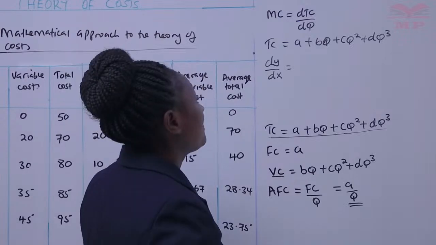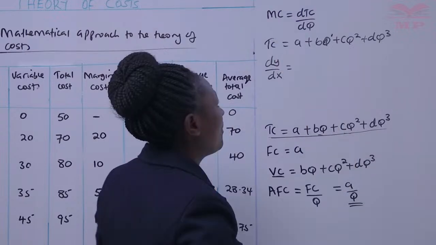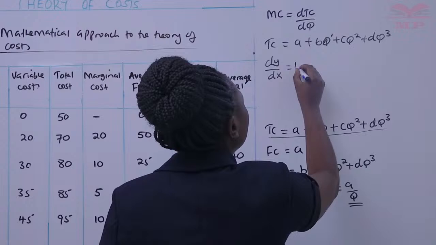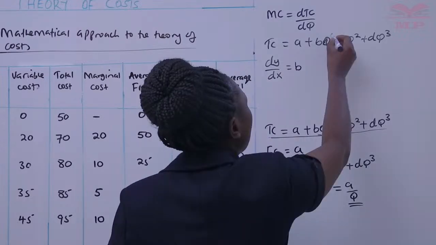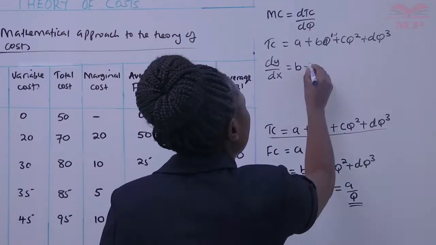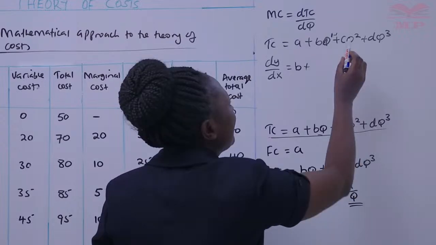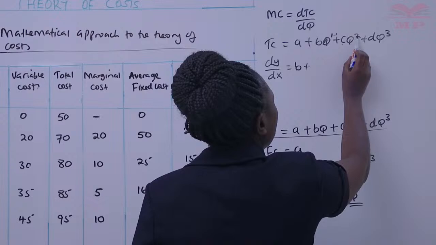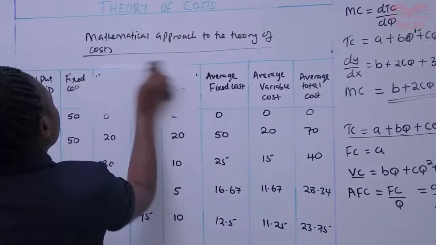Then Q is the same as Q raised to power 1, so we take 1 times B, we reduce the power by 1, and Q disappears. So we'll have B plus, then for CQ squared, we take the power and multiply by the constant, so we'll have 2 multiplied by C.